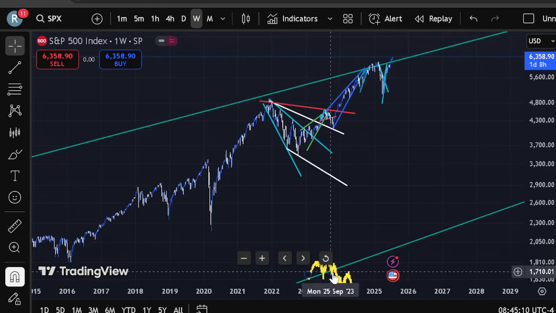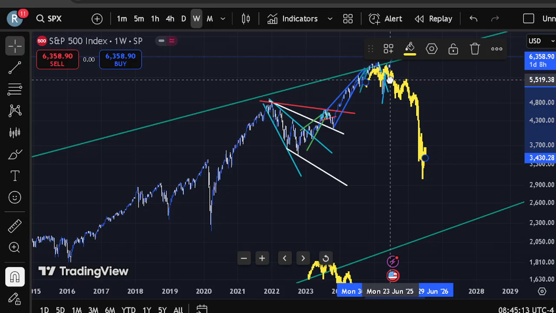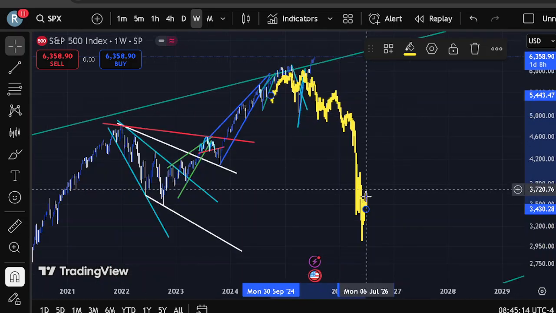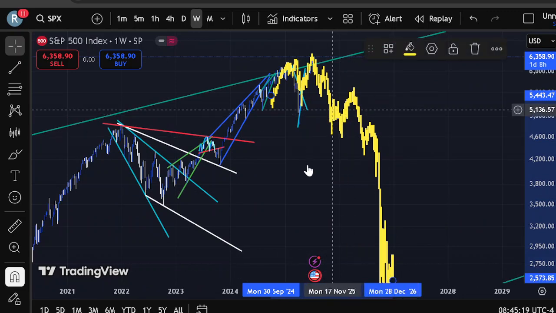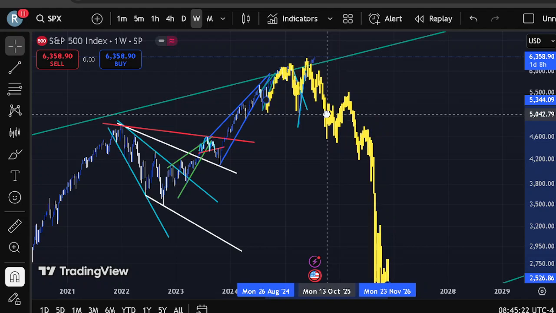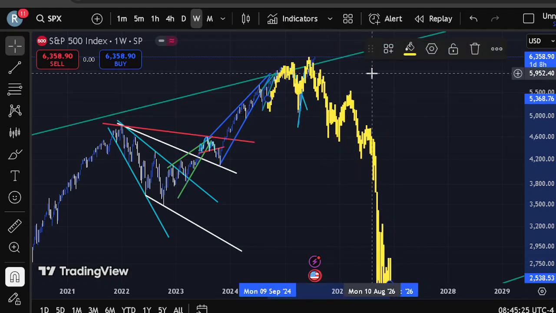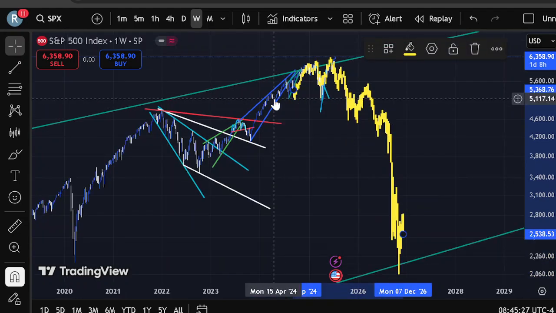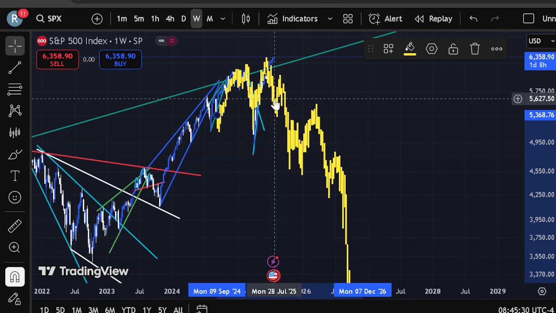Yes. We can adjust a bit, and you can see it is following a similar pattern today, like in 2008.